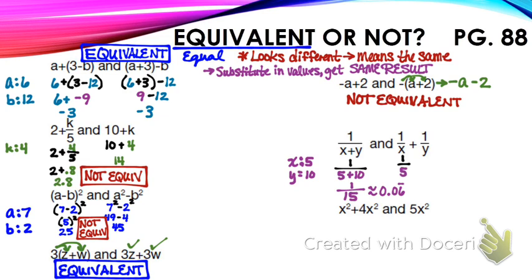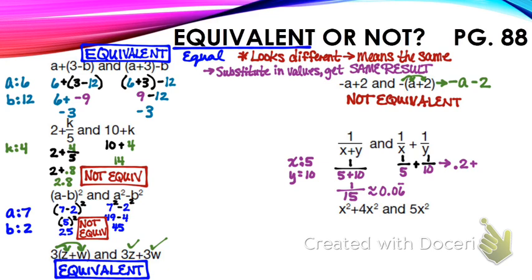So now for this other one, I'm doing 1/5 plus 1/10. 1/5 is the same as what decimal? Do it in your calculators if you need to. 0.2.